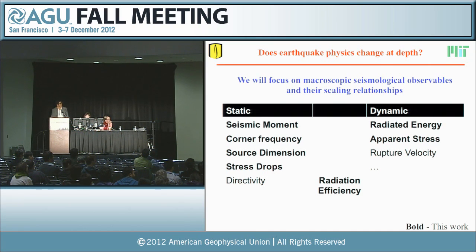Some of the parameters we call static. That means seismic moment, corner frequency, the dimension of the source, stress drops, and other parameters related to them. And some of them are more dynamic, related to the radiation of seismic energy. The ones in bold are the ones I'm going to talk about today.